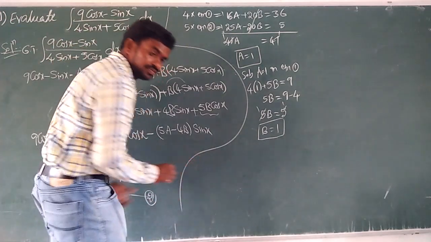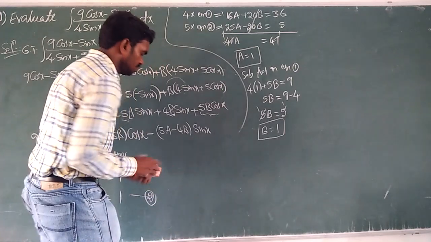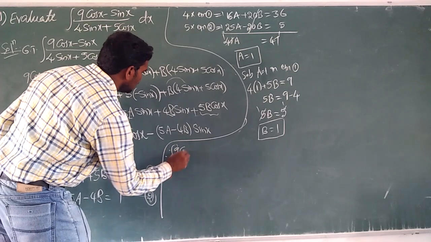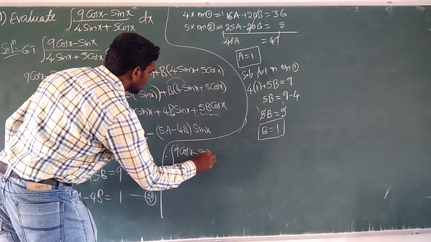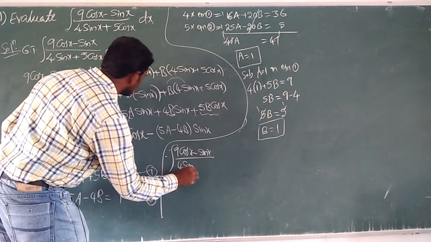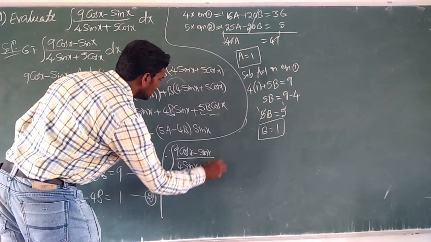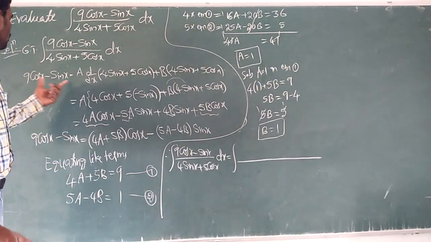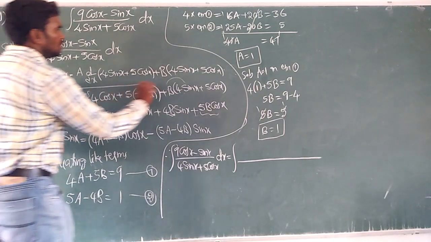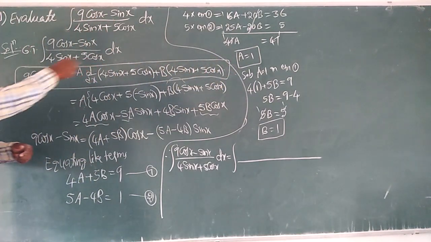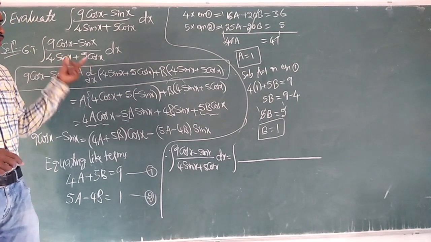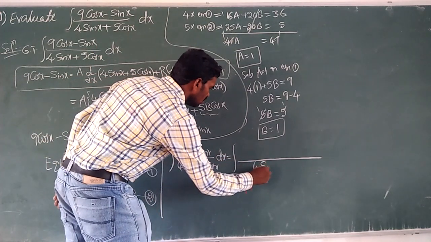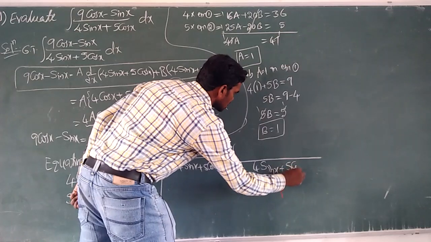Now take the question. Therefore, the integration of (9 cos x minus sin x) by (4 sin x plus 5 cos x) dx is equal to the integration of, where only the numerator is going to be changed, but not the denominator. So for the denominator, I will write the same: 4 sin x plus 5 cos x as it is.